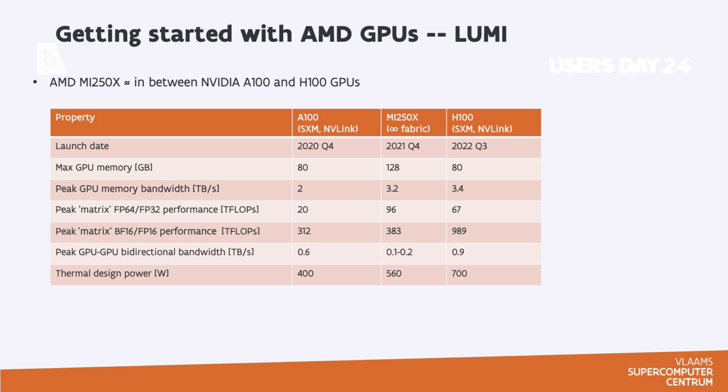You also have a pretty good GPU memory bandwidth and single and double precision peak performance. When you go to half precision, you do see that NVIDIA still has an advantage there, and also the GPU communication bandwidth tends to be still a bit better, significantly better with NVLink compared to Infinity Fabric used for AMD GPUs. And then the power is kind of in between there.